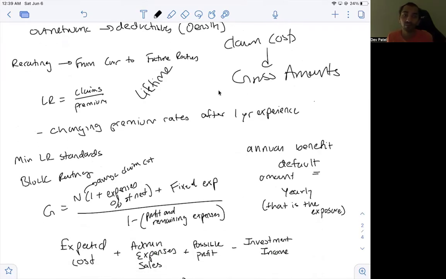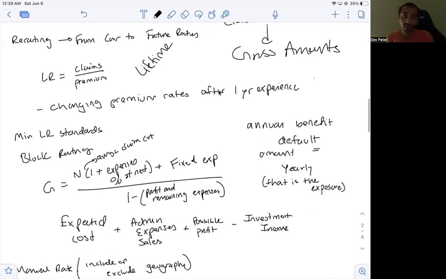We have block rating, which takes into account the net premium, and then it factors in all of the different layers, whether these are the sales expenses, the taxes, all of the different expenses, plus the possible profit that you want to have when you're charging this premium, minus the investment income that the insurer is getting.